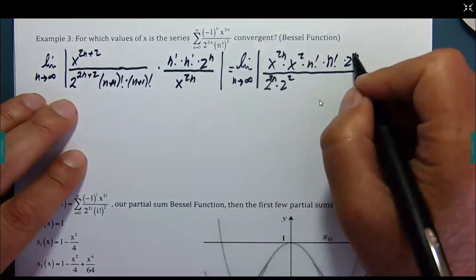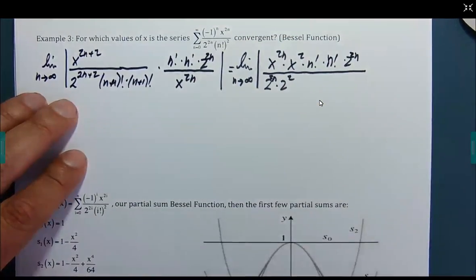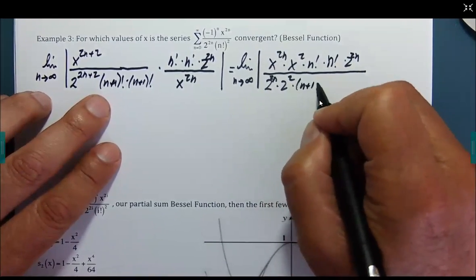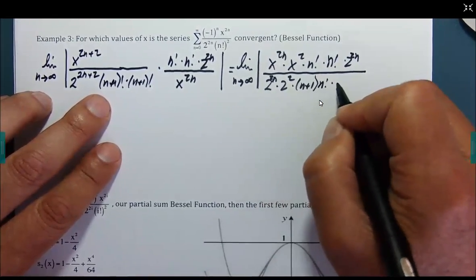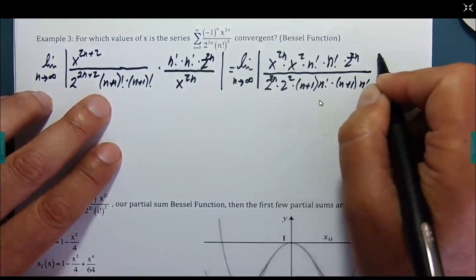That should be 2n there, 2n. And then this becomes n plus 1 times n factorial times n plus 1 times n factorial.